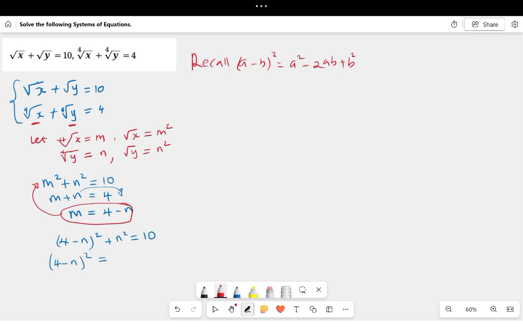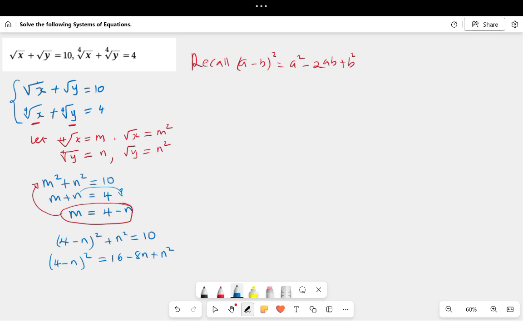Therefore, in this case, 4 minus n squared is going to be equal to 16 minus 8n plus n squared.